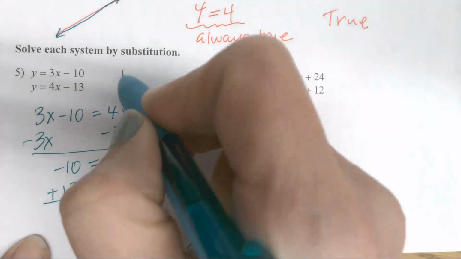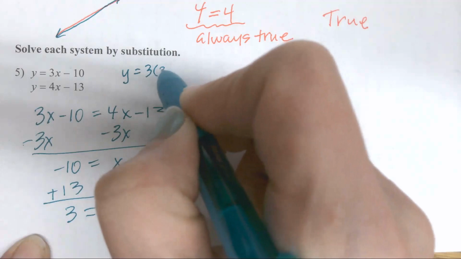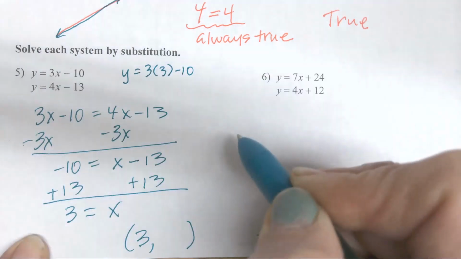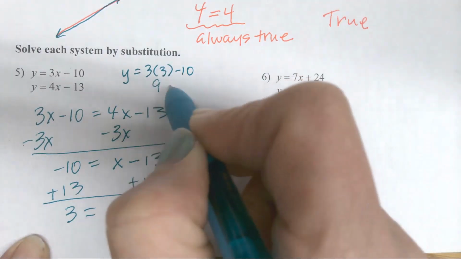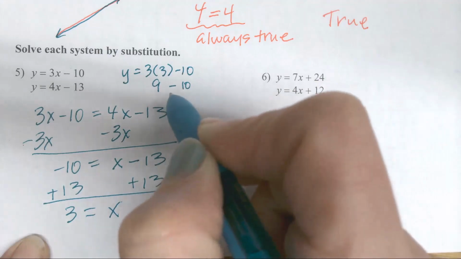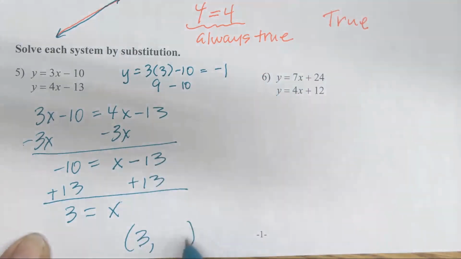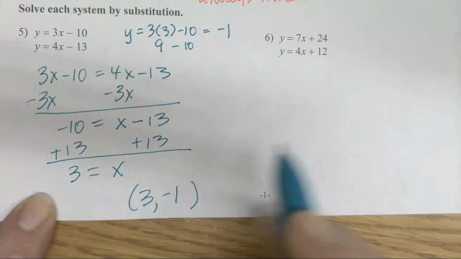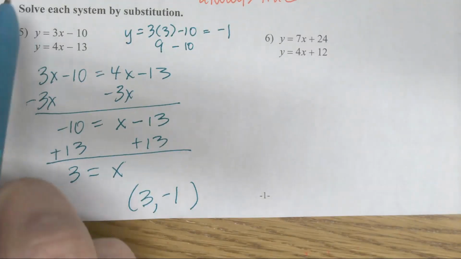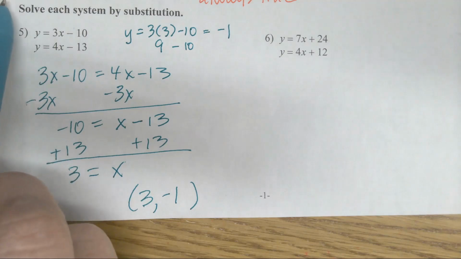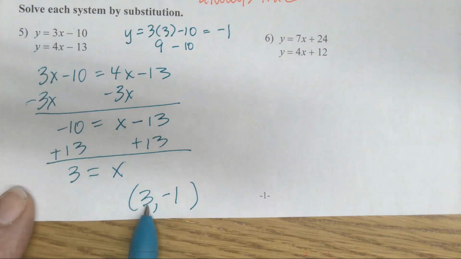So y equals 3 times 3 minus 10, which is 9 minus 10, or negative 1. So then I go back down here, add my answer. That means if I were to graph these two, they would have crossed at the point 3, negative 1.